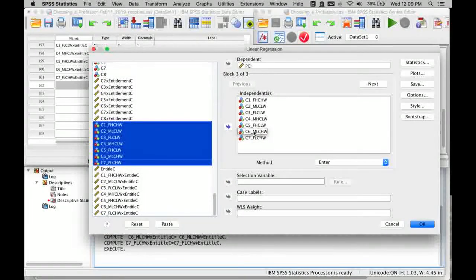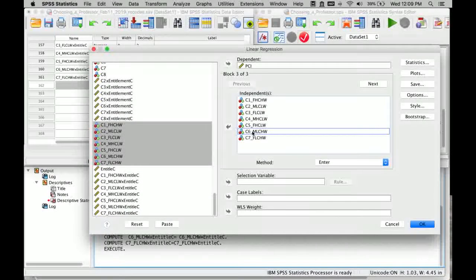they're in block 1. Normally you would start block 1 with control variables. I can't think of any right now from the demographic variables, but if you can think of any, that would normally be block 1. Like age, although in our case these are all university students, probably about the same age, so I'm not sure that matters.